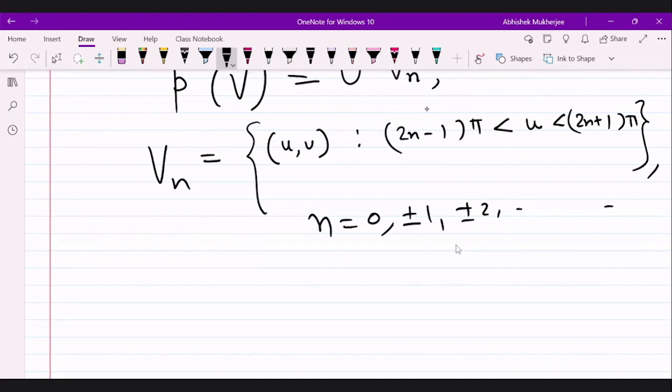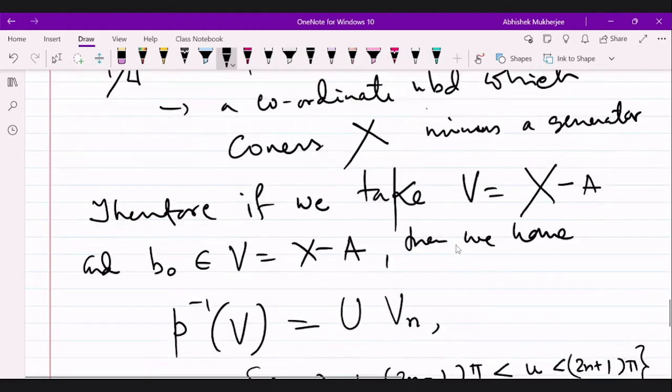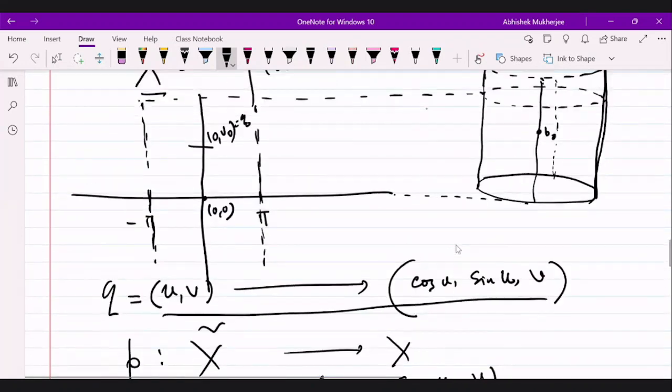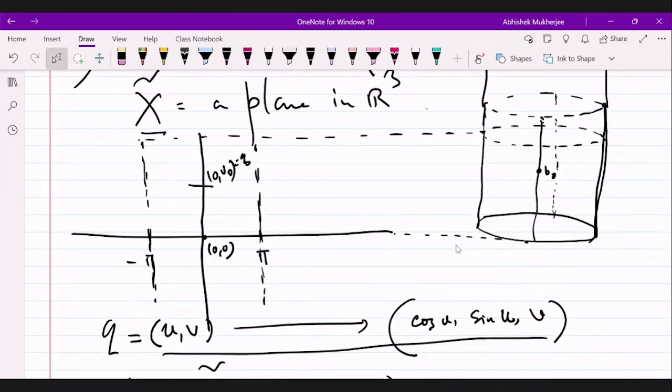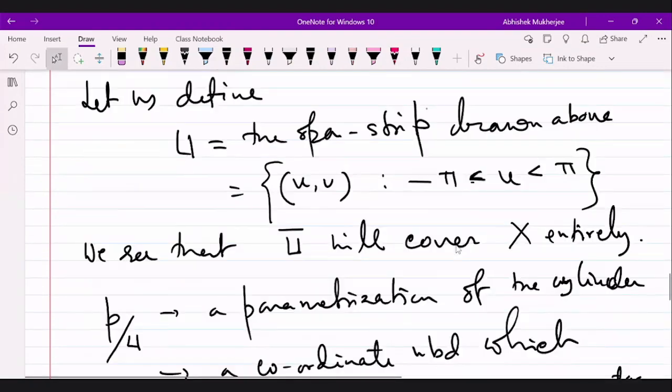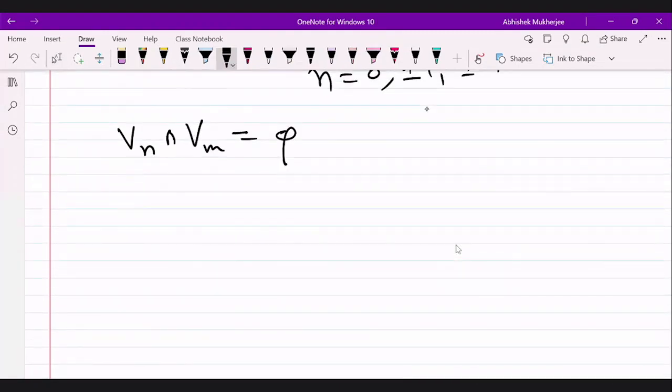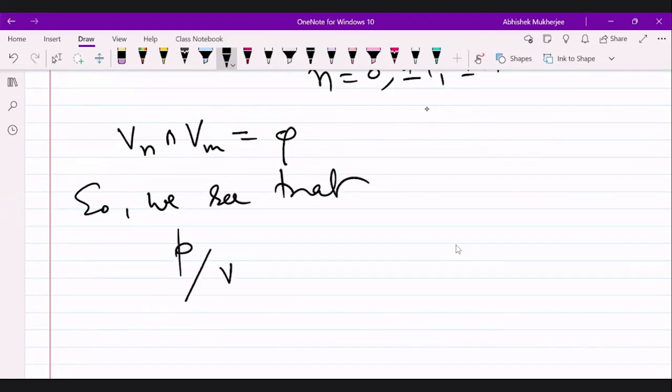And if you look at these Vn's, these are all pairwise disjoint. Certainly this map is not only a continuous map, it is differentiable, right? So we see that this P restricted to each Vn must be a homeomorphism from Vn to phi.